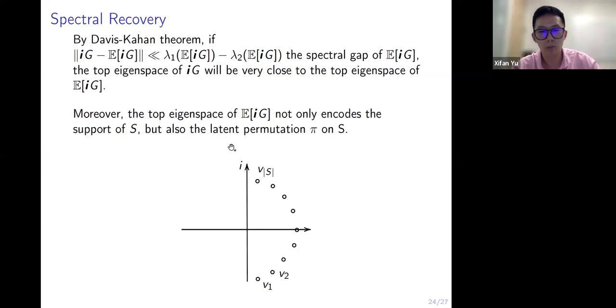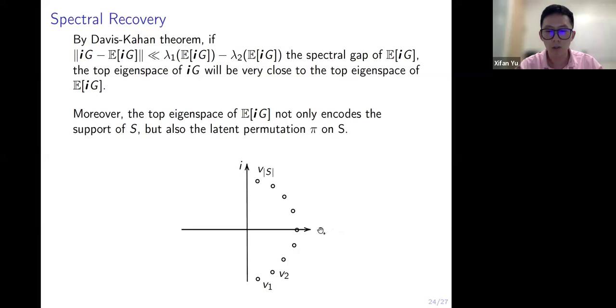So below, this picture shows one eigenvector of the top eigenvalue of the expectation of I times G, and we write down its coordinate values v1 up to v of S. For every coordinate not supported on S, its value in the eigenvector will be 0.